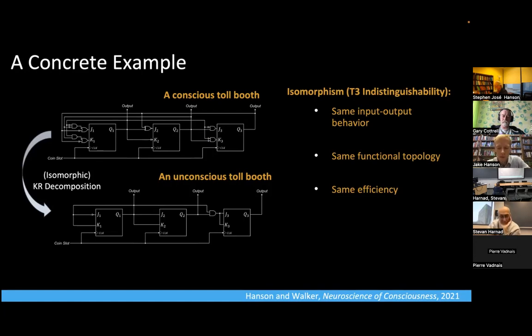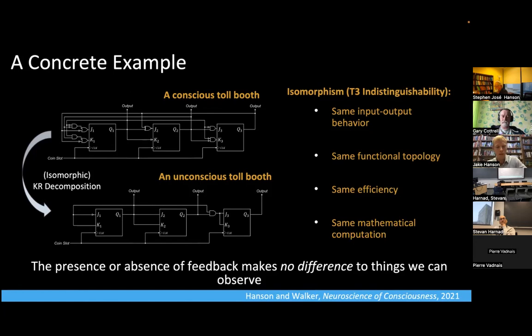So that's what I mean by efficiency. And ultimately, it was the same mathematical computation. So if IIT is supposed to be measuring something about the computation being performed, these have that same computation, and so the phi value shouldn't change between systems. So all of that is to say the presence or absence of feedback makes no difference to things we can observe in this system.